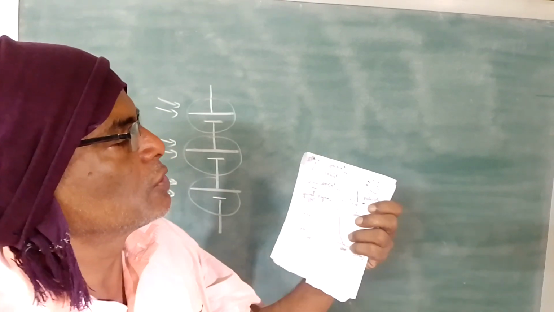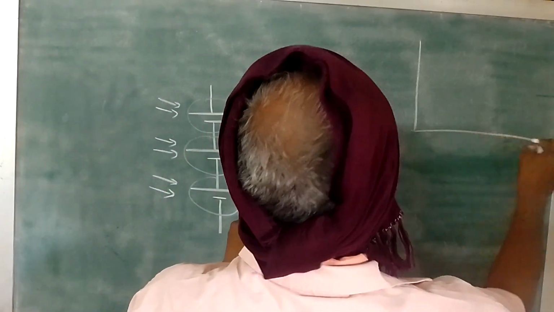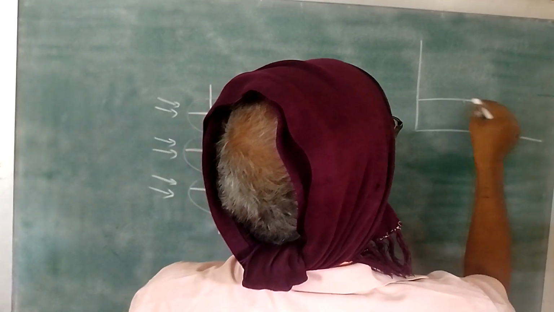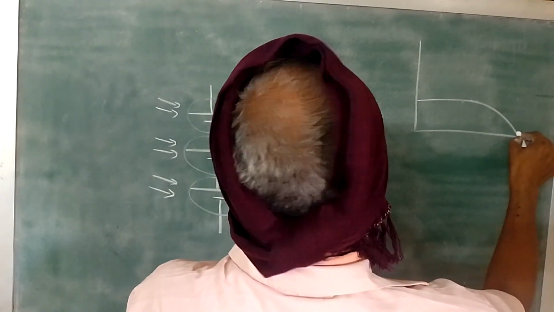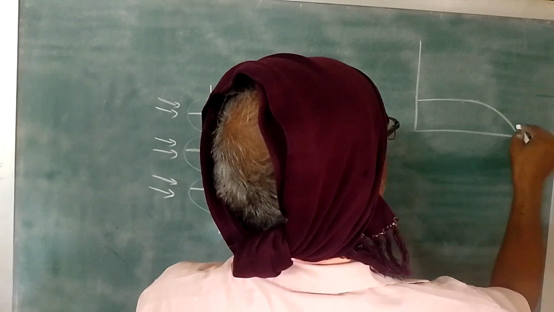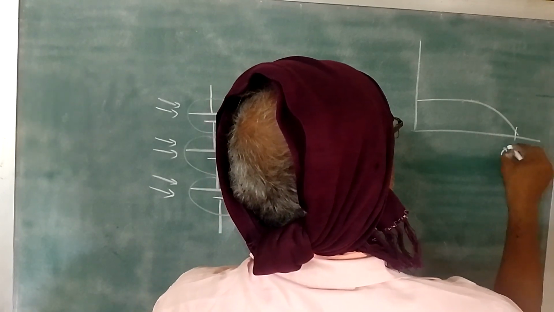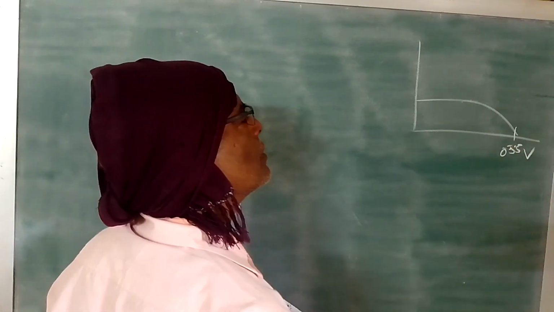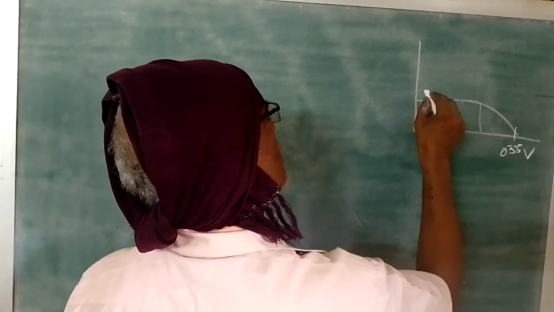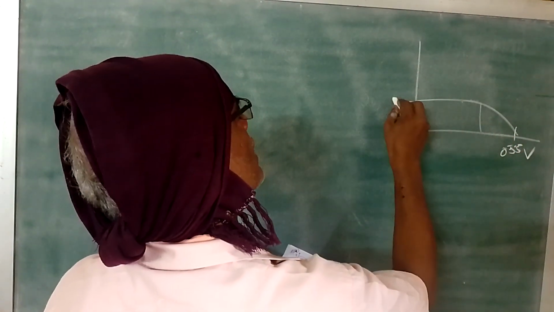Say I am considering 200 watt per meter square. That means it goes like this. So this is the point, maybe 0.55 volts. But here and all you will be having a current around 2 amps.